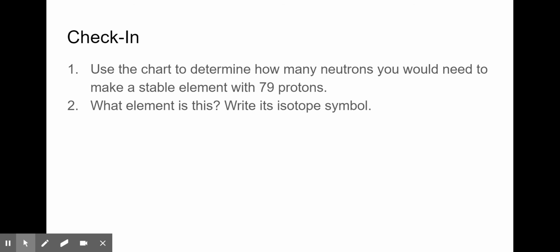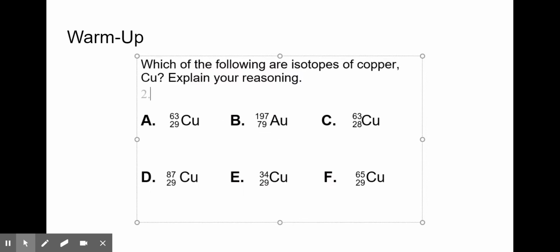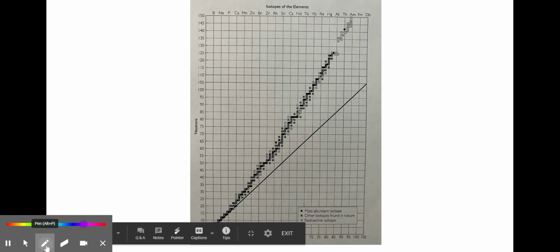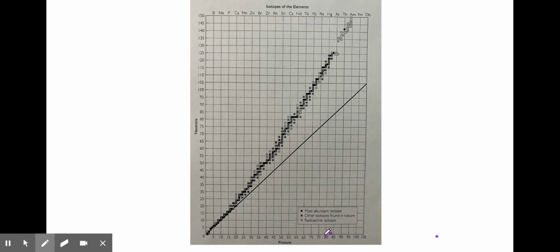So let's use the chart to determine how many neutrons you would need to make a stable element with 79 protons. What you want to do is look on the chart for 79 protons. 79 protons is going to be right before 80.